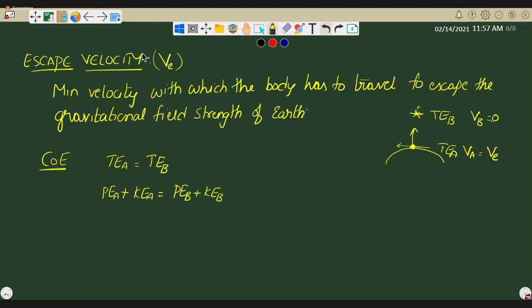VB is 0, so this goes off. This has gone into a place where Earth cannot pull this body. So what happens to your potential energy?